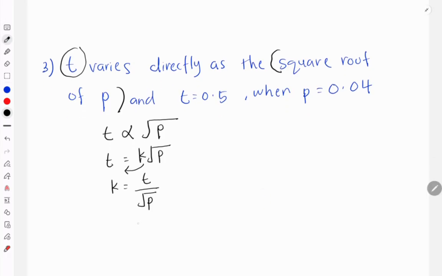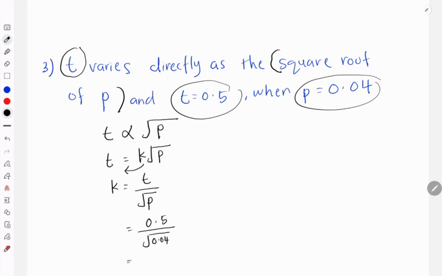Here t is 0.5 and p is 0.04. So 0.5 over the square root of 0.04 equals 5 over 2. We rewrite the equation: t equals 5 over 2 square root of p.